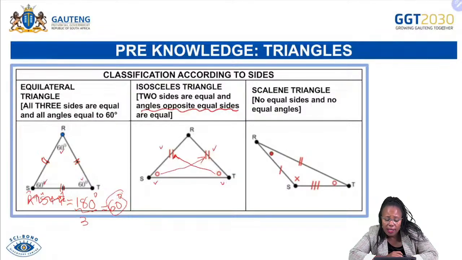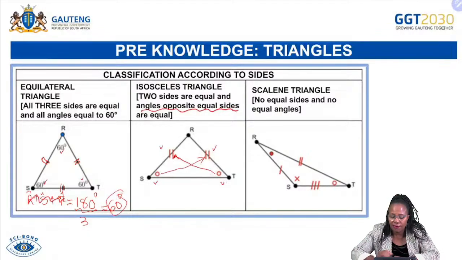And then we have a scalene triangle. With the scalene triangle, all sides are not equal. No sides are equal. Every side has its own value. And then each and every angle will also have its own value.